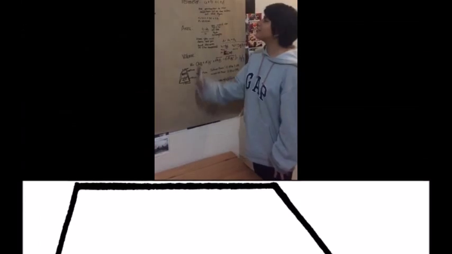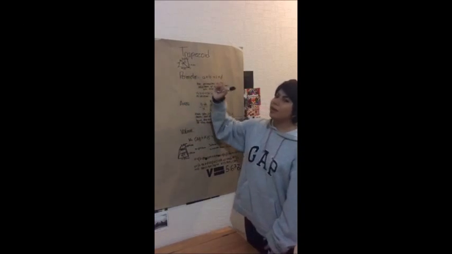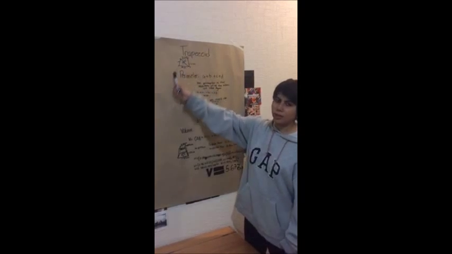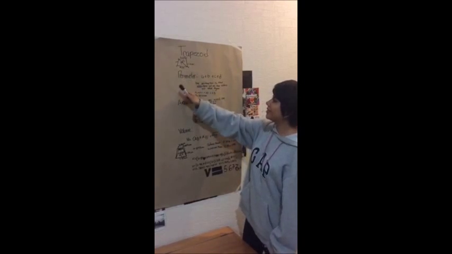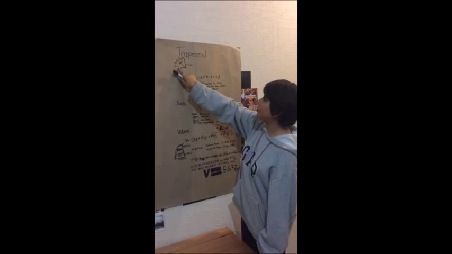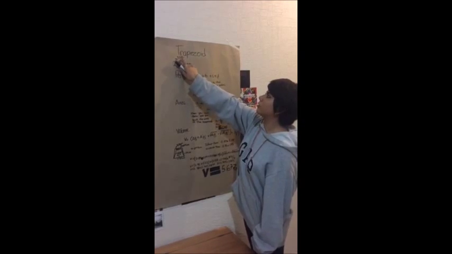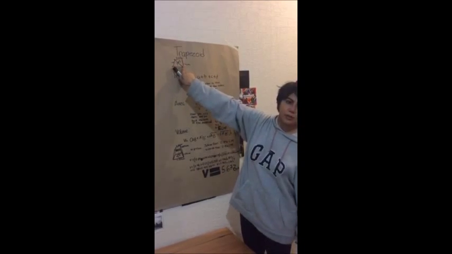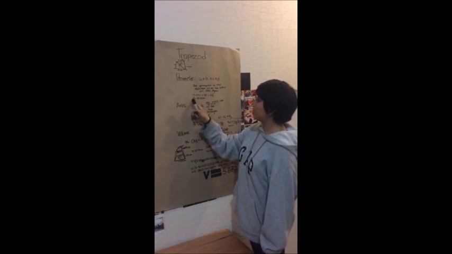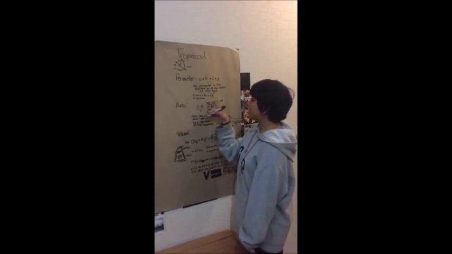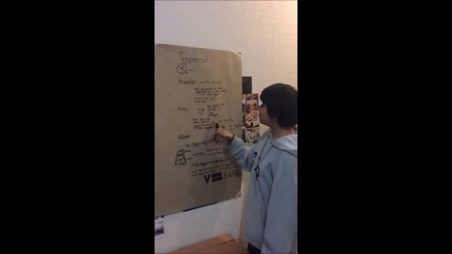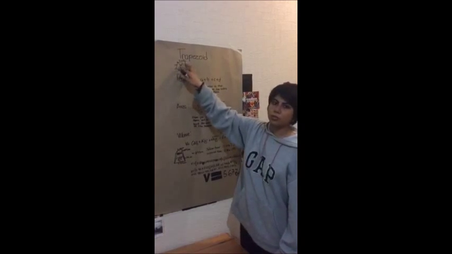So we're going to see the formulas for the trapezoid. The perimeter is the addition of all the sides. So we got a trapezoid that has one side that is 4 centimeters, 1 centimeter, and 3.2 centimeters, and 2.5 centimeters. We add them and we got a perimeter of 10.7 centimeters. The area, you have to divide the trapezoid into triangles.